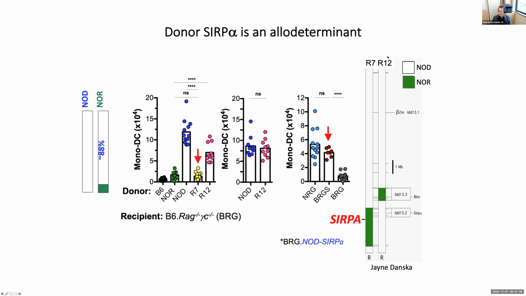Likewise, the R12 contains a piece of the NOR genome, which is B6 in this case, that is not in the SIRP alpha area.